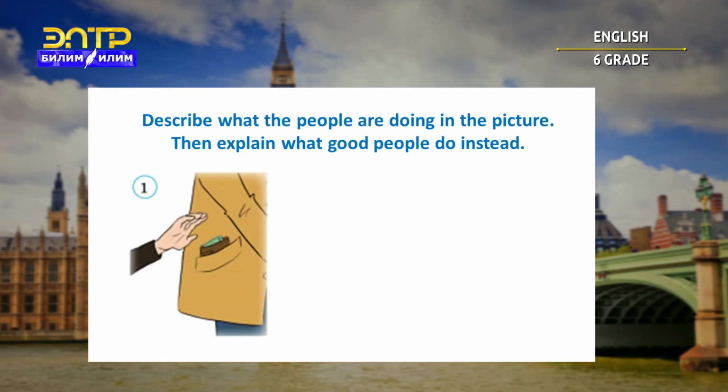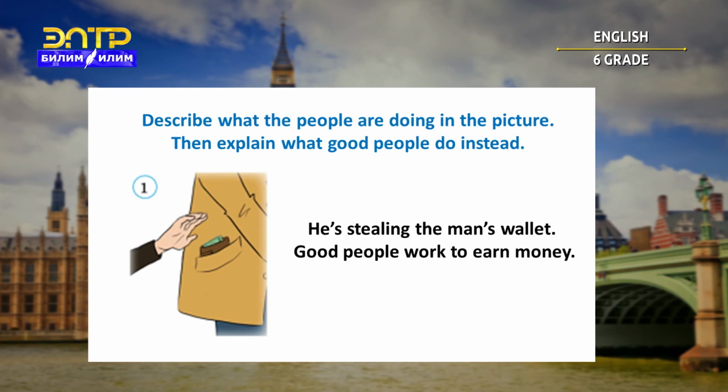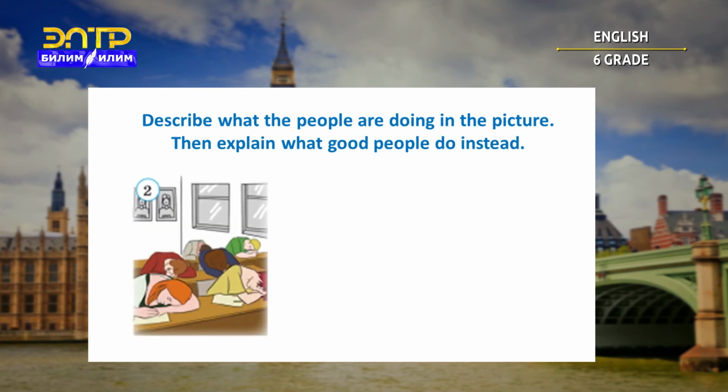Number 1. He is stealing the man's wallet. Good people work to earn money. Number 2. They are sleeping during the lesson.